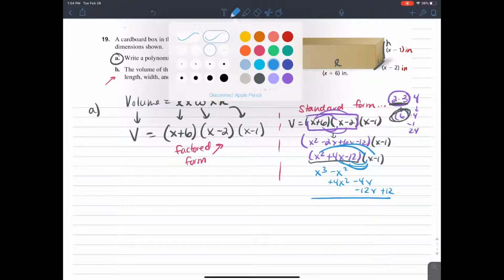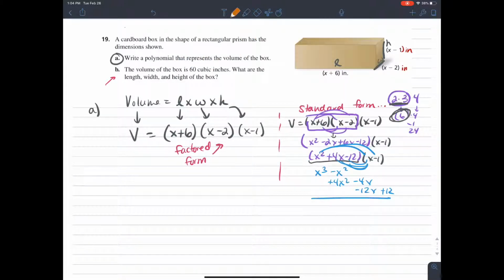And I just used a vertical organization method. You can organize your work however you want. So I have 1x cubed. I can see that when I combine my x squareds, I have more positives than negatives, and there's 3 more positives. And I have negative 16 x's, and then I have positive 12. So that would be another answer. This is standard form that you could have expressed part A in.